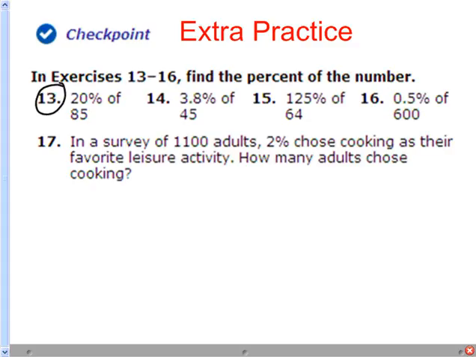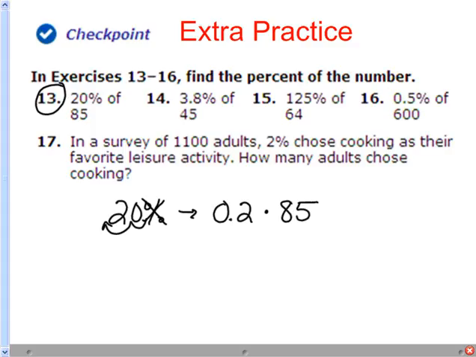20% of 85 would mean 20% as a decimal is 20 hundredths or 2 tenths. So I can do 2 tenths of 85, times 85.